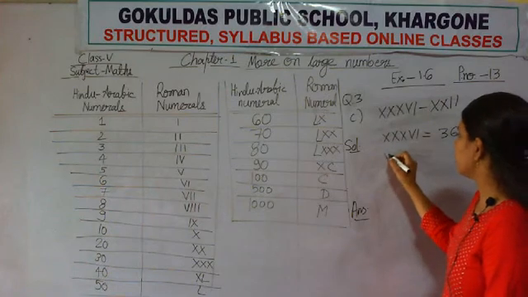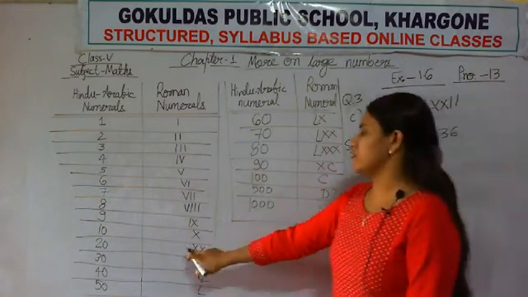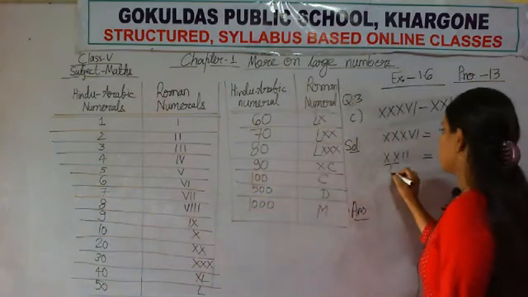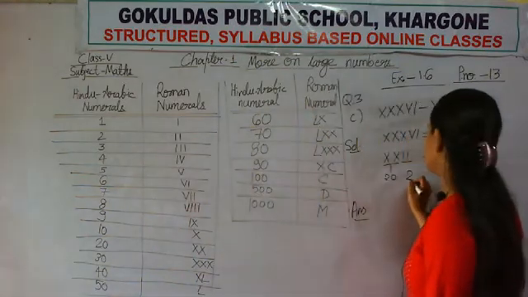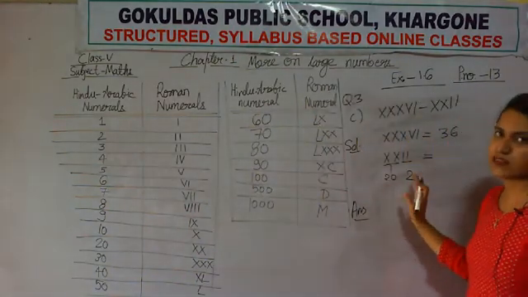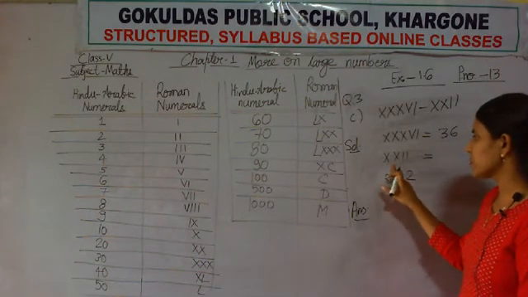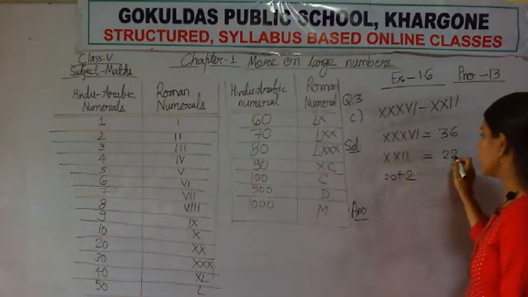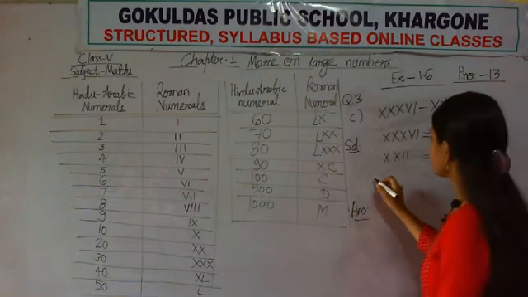The other number given is XXII. Now XX represents 20 and II is for 2. Here 2 is a smaller number. It is written to the right of the larger number. It means it shows addition. 20 plus 2 is 22. Now can you subtract it?